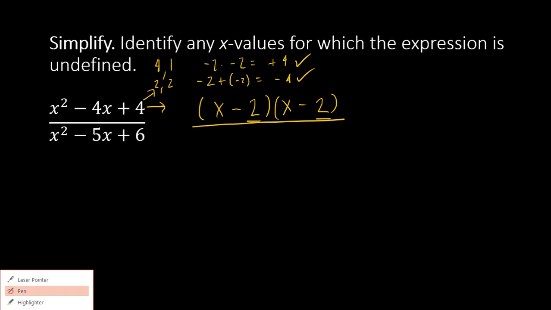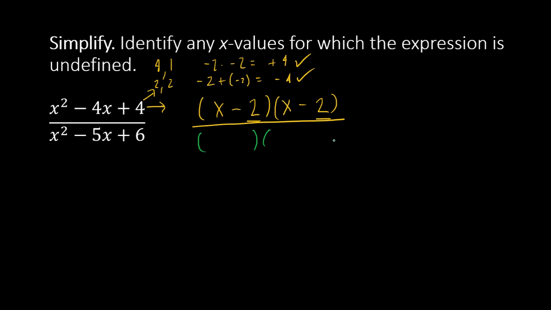Let's tackle the denominator. Once again, setting up the framework. Consider your 6. I've got either a pair of 6 and 1 or a pair of 2 and 3. Notice that I need B to be negative 5. I need the sum to be negative. Now, what does that say about the signs here?